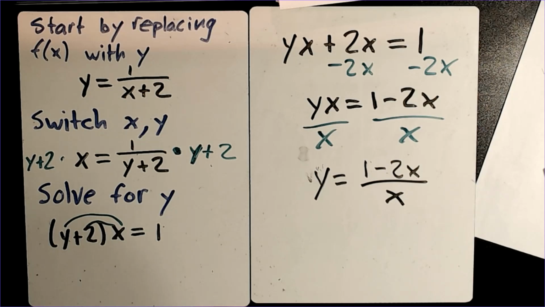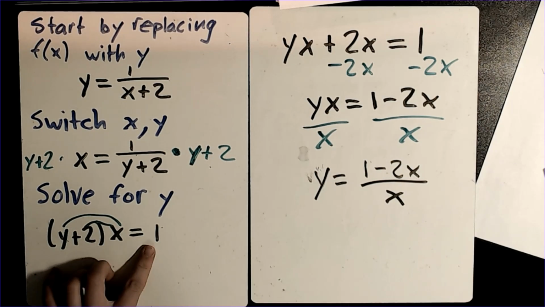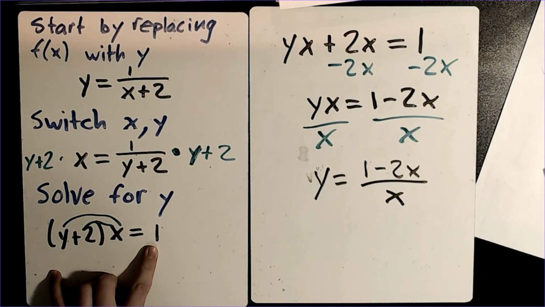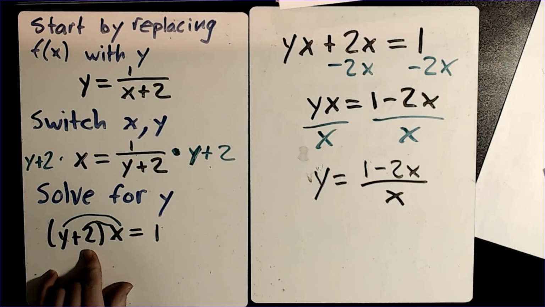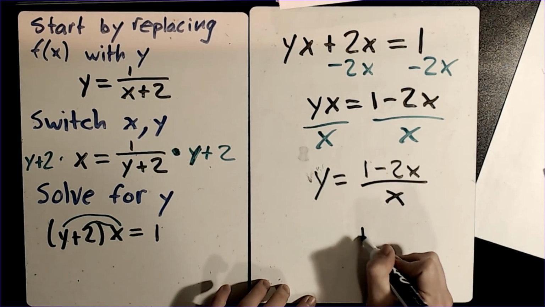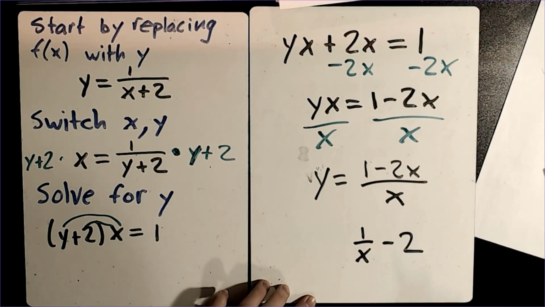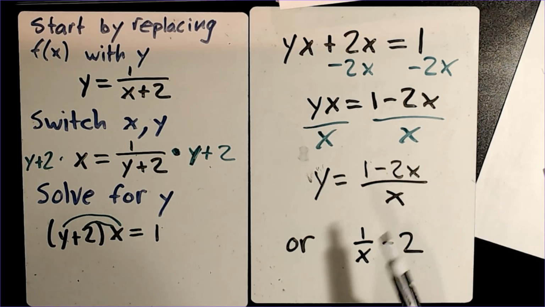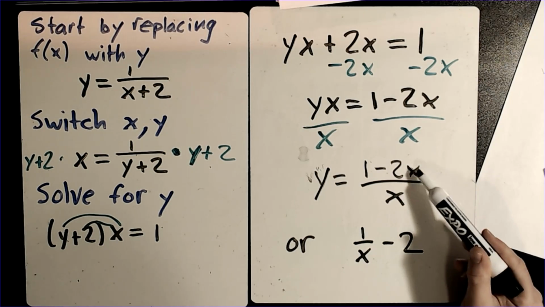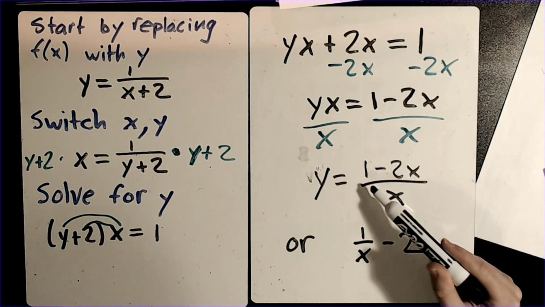Now, if you had done it the other way of dividing by x first, you would get 1 over x on this side, with the 1, and then you would subtract 2. So it would just be 1 over x minus 2. Notice these are actually both the same, because you could divide the x out of both terms.